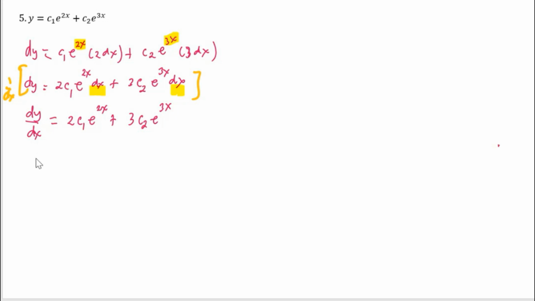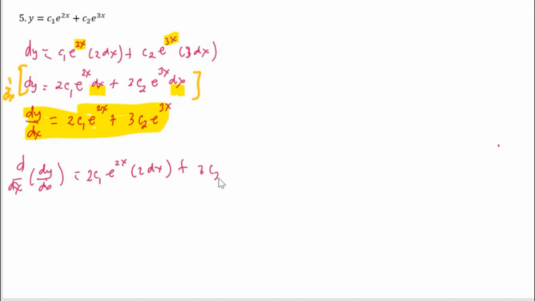Next, we have to take the second derivative. I will just highlight this one, this is our first derivative. And so we have to solve now for the second derivative. We have d over dx of dy over dx is equal to, taking the derivative of this, 2c sub 1 of e raised to 2x times 2 dx plus 3c sub 2 of e raised to 3x, and the derivative of 3x is 3 dx.